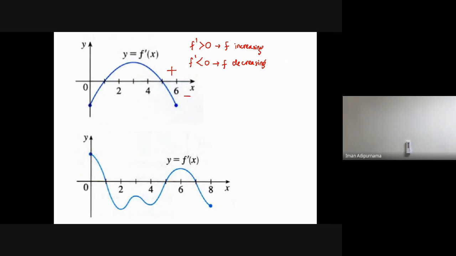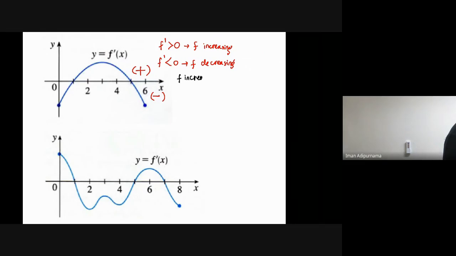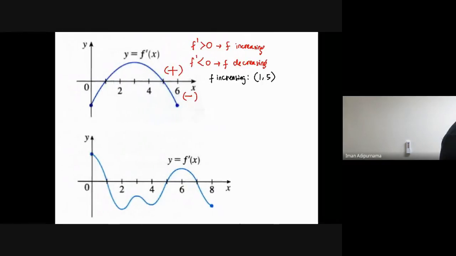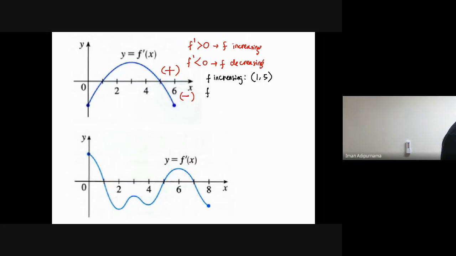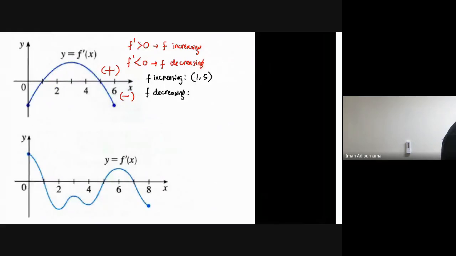This is positive, this is negative. So f prime greater than 0, so from 1 to 5 is all increasing. So f increasing is (1, 5), and f decreasing is (0, 1).